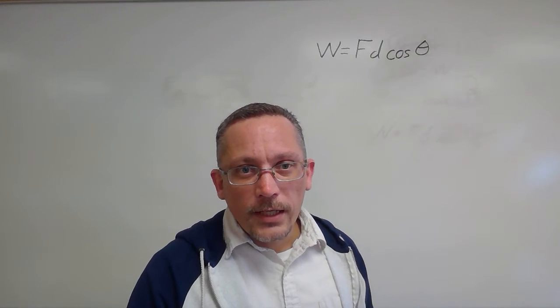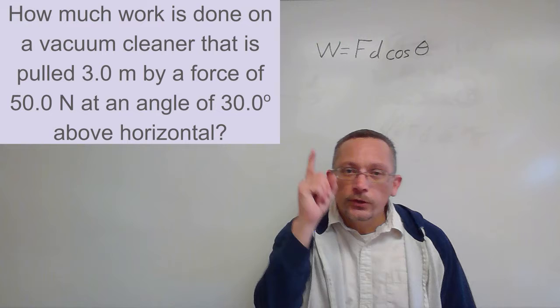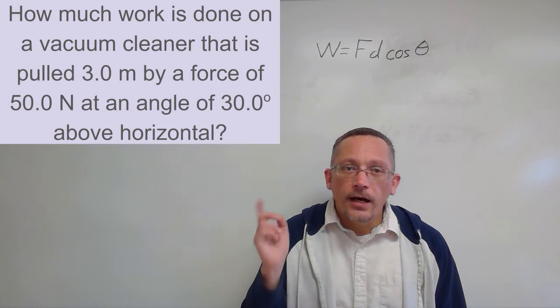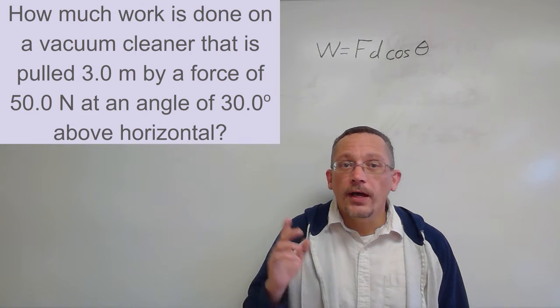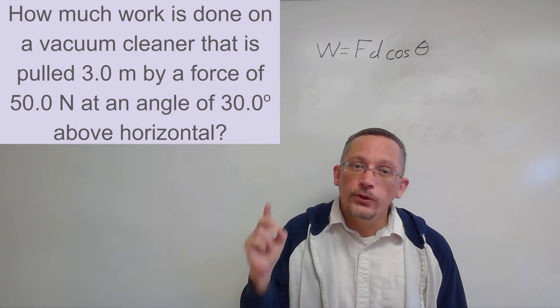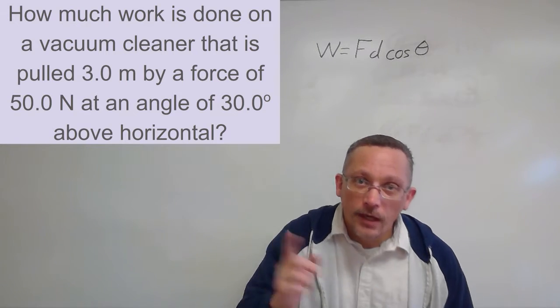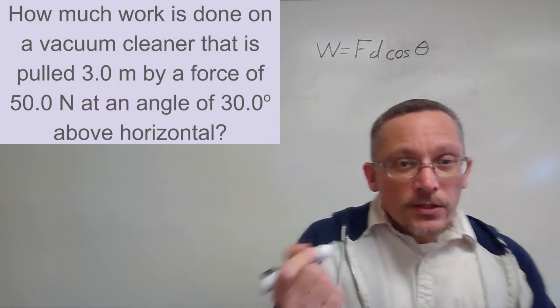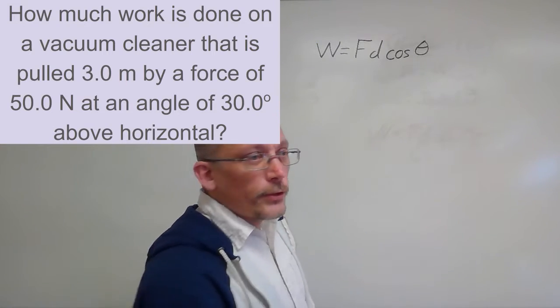Okay, let's have a look at an example of a problem we might see. It says: how much work is done on a vacuum cleaner that's pulled 3.0 meters by a force of 50.0 newtons at an angle of 30.0 degrees above the horizontal? It's fairly simple. The first number tells me 3.0 meters.